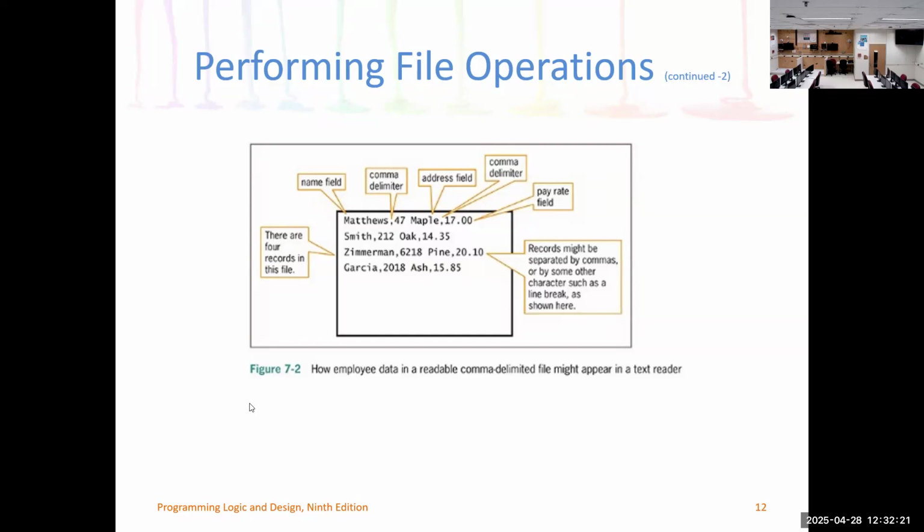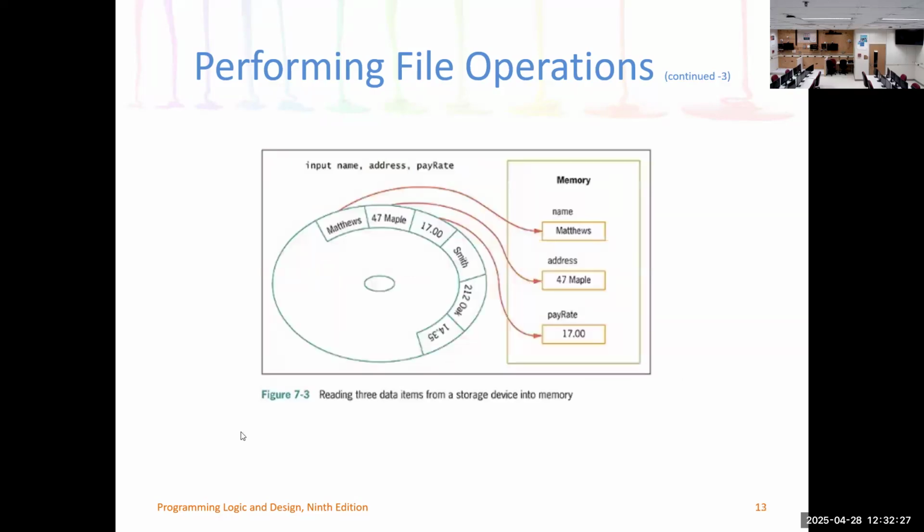It depends on the programming language; some put a comma here, some put another character. So how do you store it? They actually store it continuously: one record with name, address, and pay rate, then name, address, and pay rate again, stored continuously in memory.